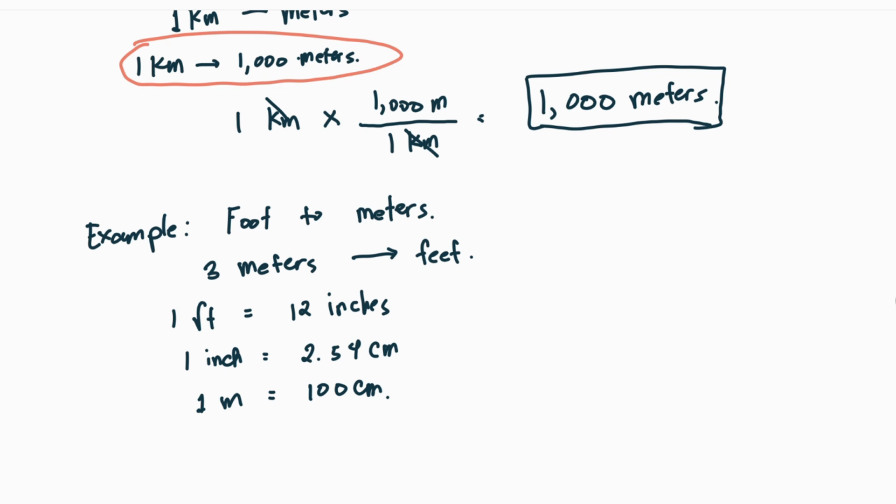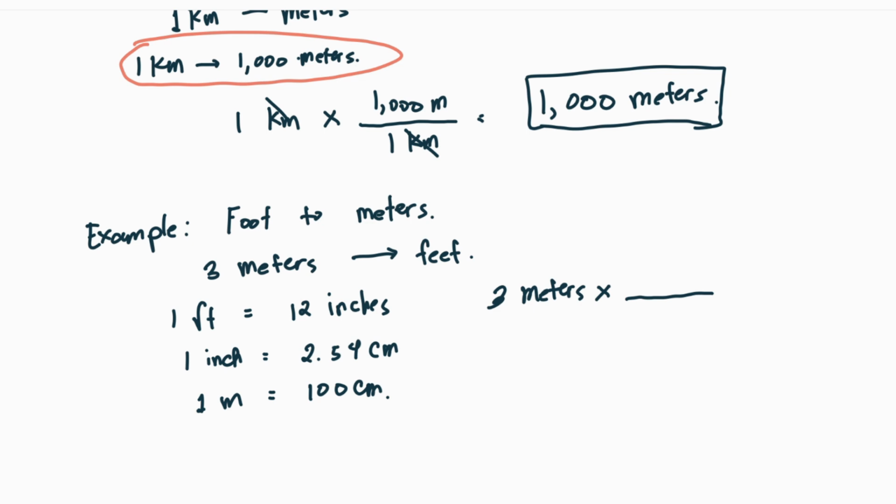Okay, so in this case, we can now set and calculate for different conversion factors for this particular example. So how are we going to do this right now? Allow me to write first 3 meters here on this side. Now, as what I've said, in order to cancel the unit of meters, we need to see to it that the units are set opposite each other in the fraction.